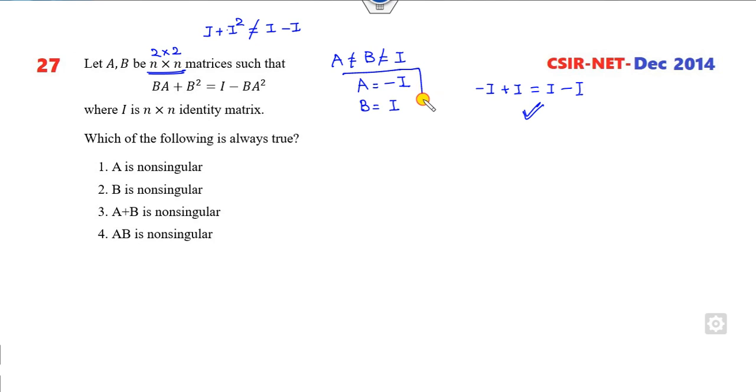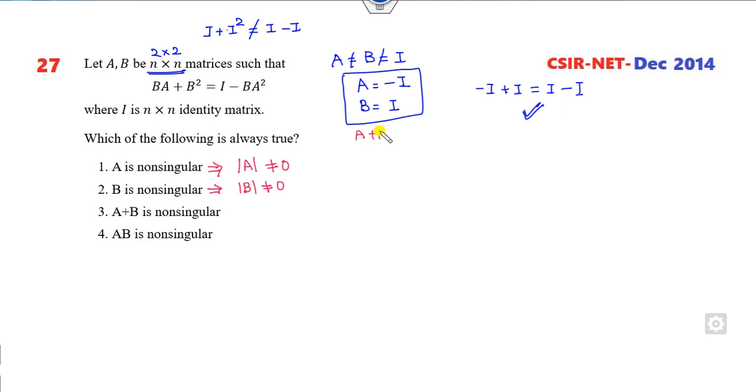So now I can think about these options. A is non-singular. What is the meaning of that? Determinant of A is non-zero. From here it is satisfied. Determinant of B is non-singular, again satisfied. A plus B is non-singular. What is A plus B?